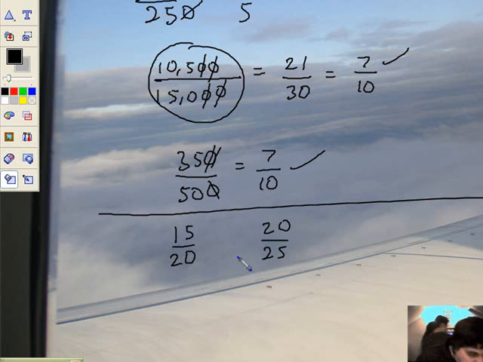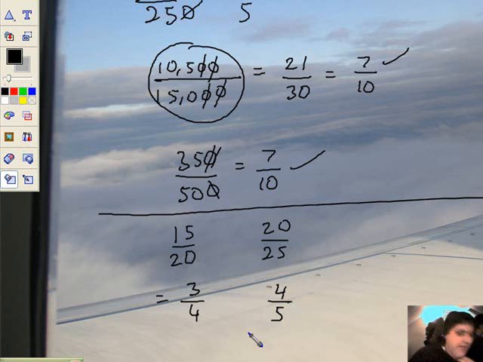Which mark was better? Well, let's just take a look, shall we? If we simplify down, 5 goes into 15 3 times, 5 goes into 20 4 times. That's for that one test. 5 goes into 20 4 times, and 5 goes into 25 5 times. Now look, it's still not that clear.